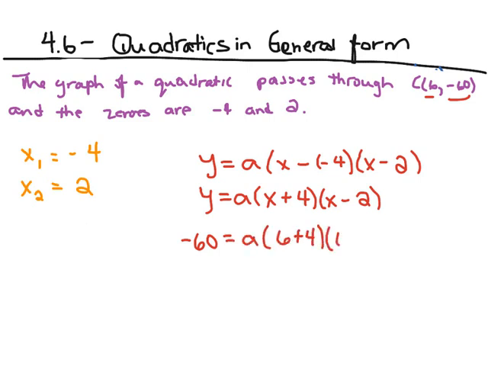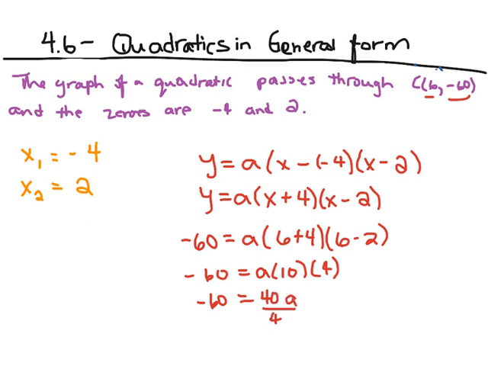So we have negative 60 equals a times 10 times 4, so negative 60 equals 40a. Divide by 40, so negative 1.5 is equal to a. 60 divided by 40 is 3 over 2, which is 1.5.